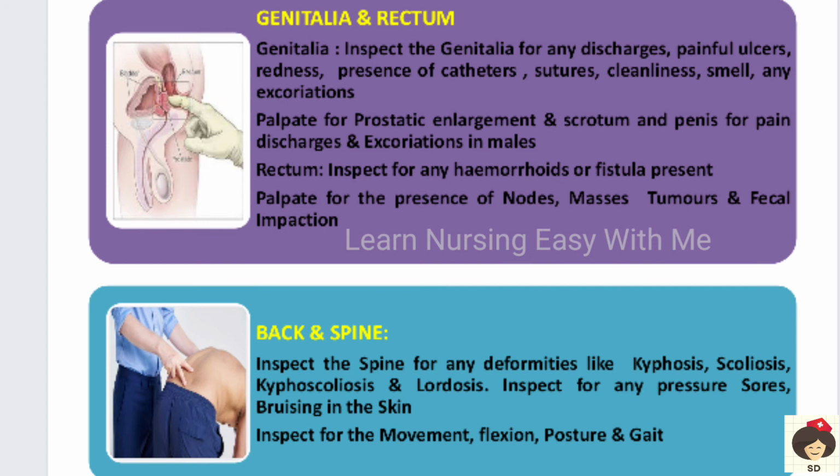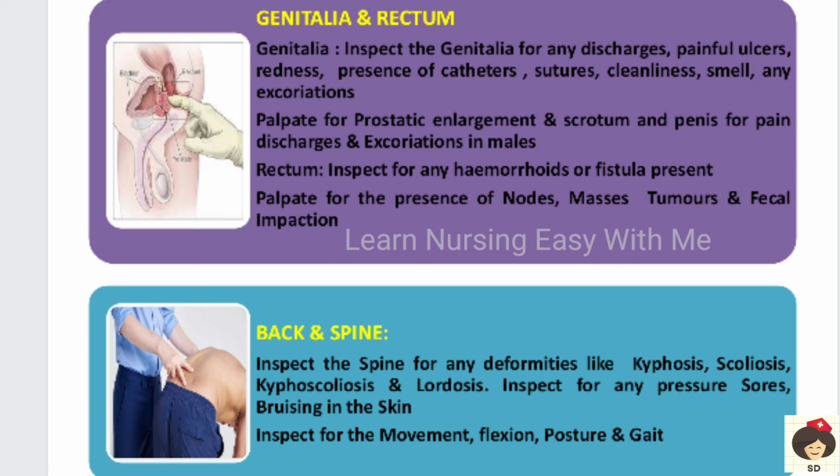Okay, next coming to genitalia and rectum. Again in genitalia we will be checking for discharges, any ulcers, redness, or if the patient is having a catheter. Some patients may come with a catheter if they have some problem with urination. And in the case of women, if she is in the postnatal period, she may have sutures, or after surgery there may be sutures.